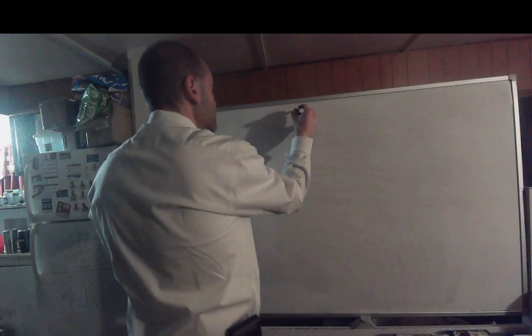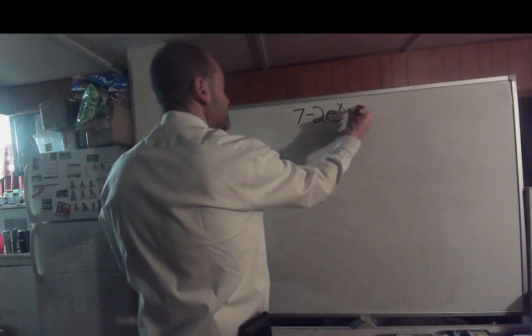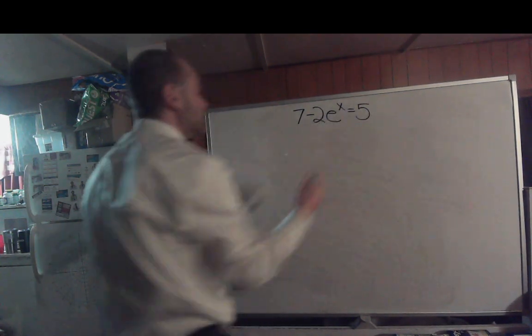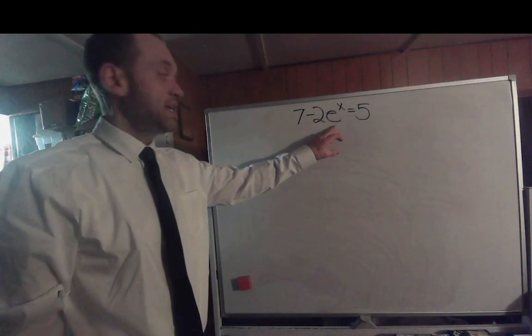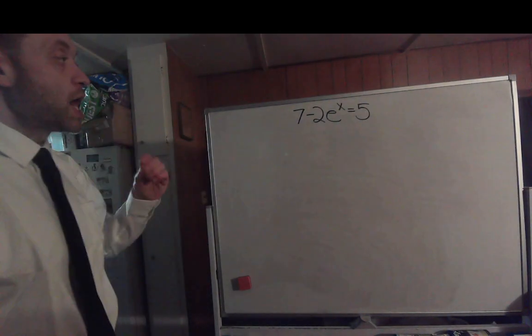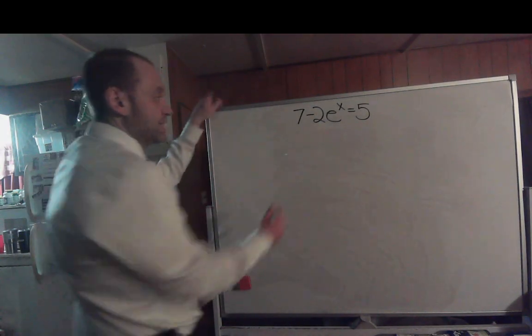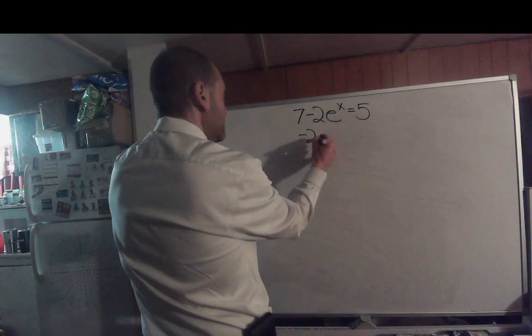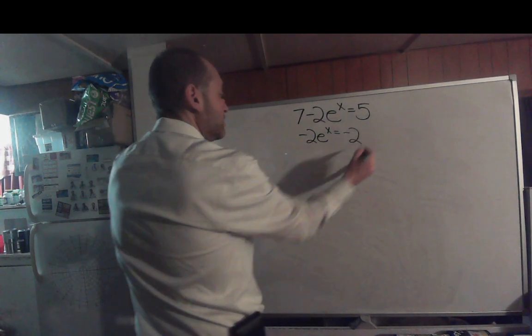All right. 7 minus 2 times e to the x equals 5. Alright, well, we want to get that -2e to the x by itself, so this will end up becoming -2e to the x would equal -2.